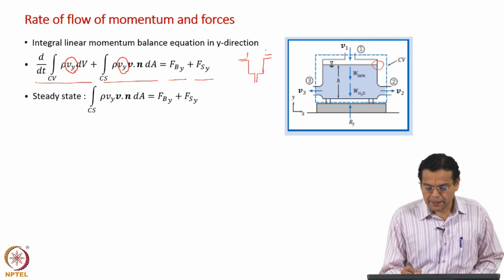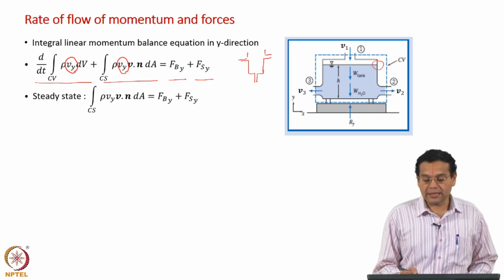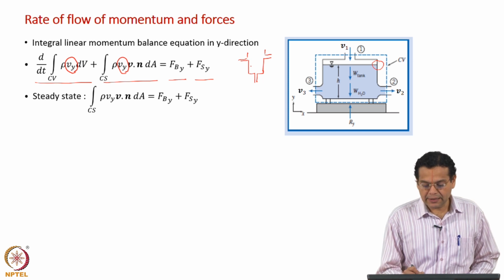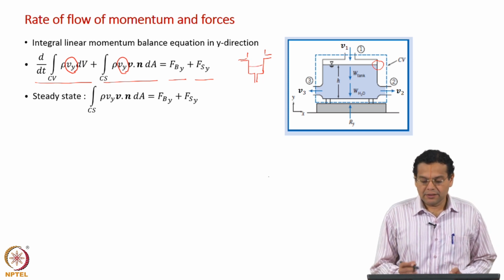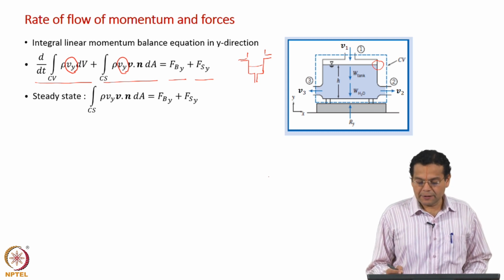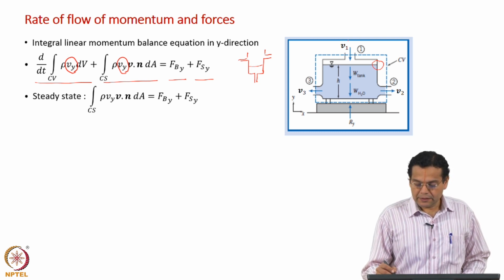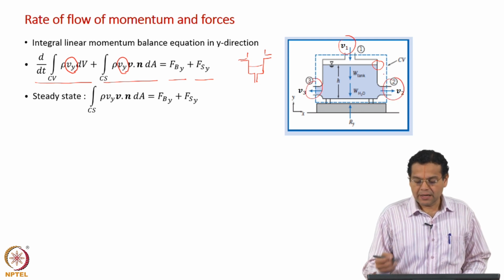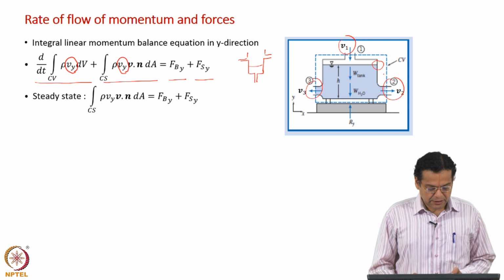And there, when we took the data, we made sure that the level in the tank remained constant. If it is changing, then it is under transient condition, but we make sure that this flow is equal to the sum of these two flows and the level does not change with time.